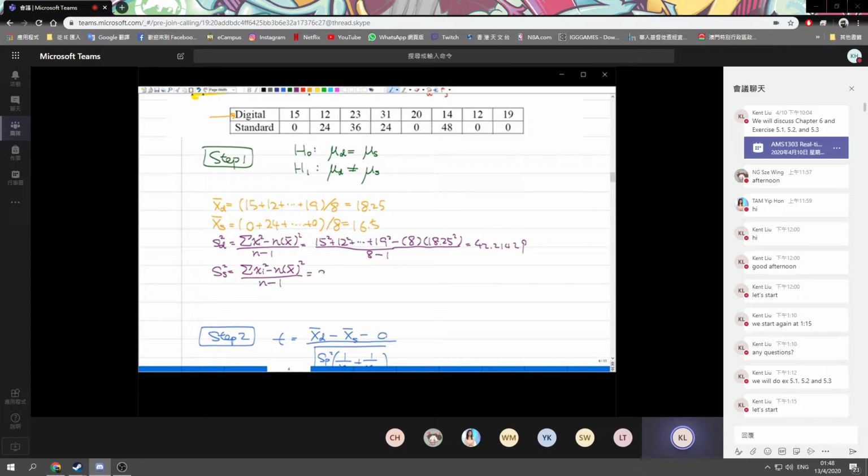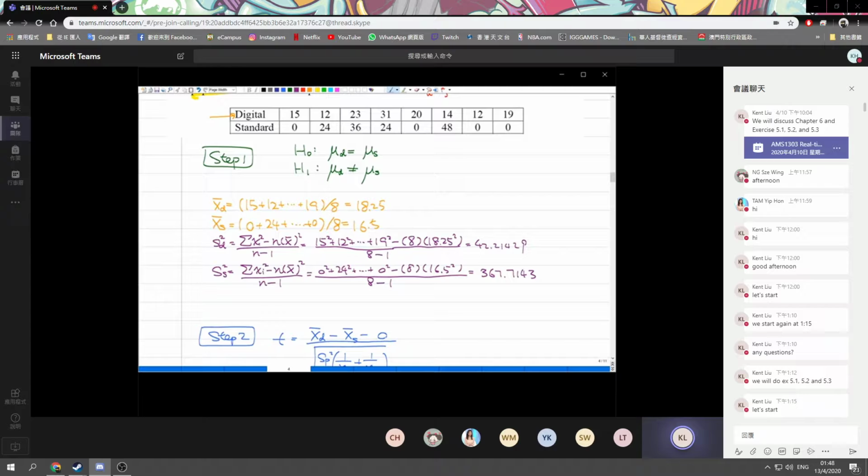Similarly for the second group, we have 0 squared plus 24 squared plus all the way to the last one. Again, we have 8 data points in this group, and the average is 16.5, and then we square it. Again, we divide this by 8 minus 1, and for this case, we have 367.7143.